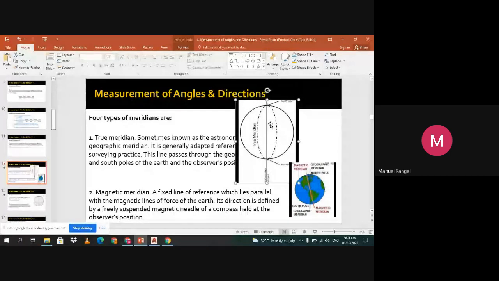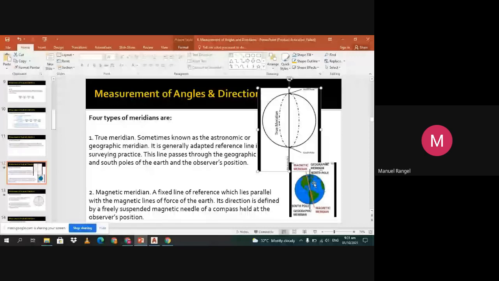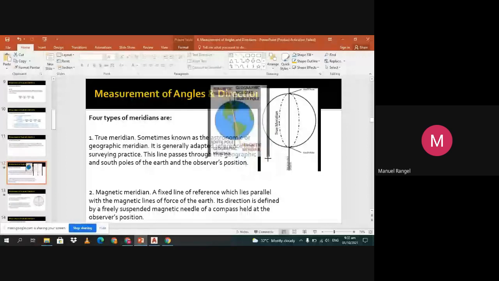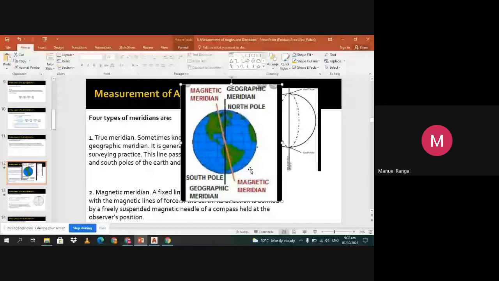And another meridian type is the magnetic meridian. It is a fixed line of reference which lies parallel with the magnetic lines of force of the Earth. Its direction is defined by a freely suspended magnetic needle of a compass held at the observer's position. Kini ang magnetic meridian, kining black is the true meridian.